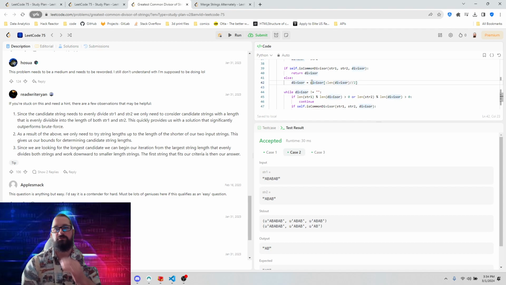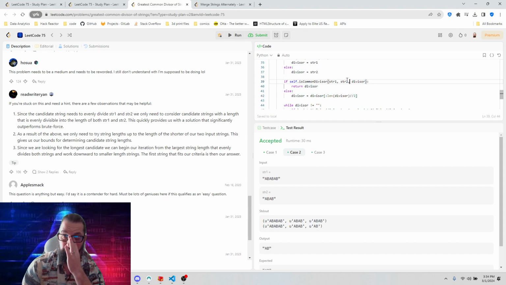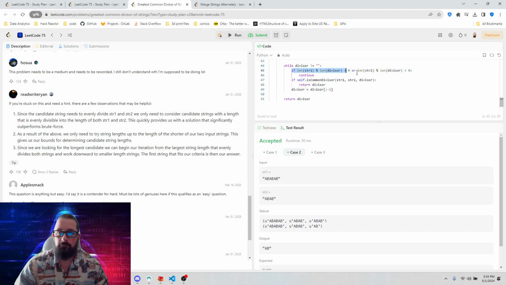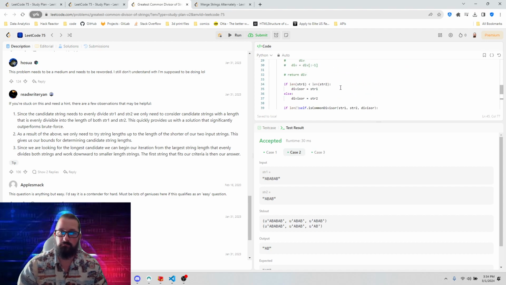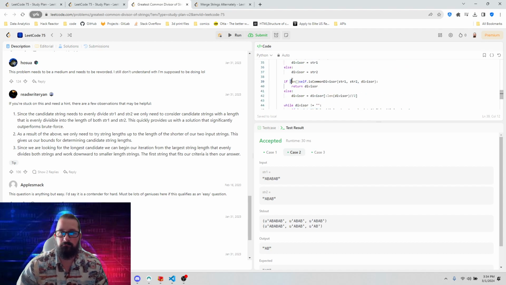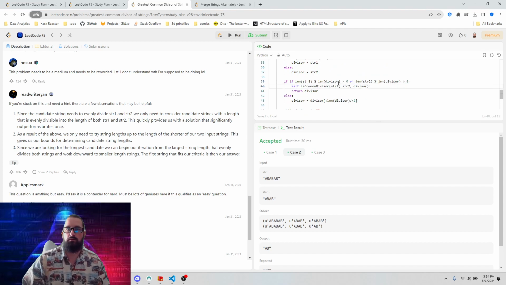What if instead of changing the divisor, what if in addition to this I do if the length, let's do that and that.